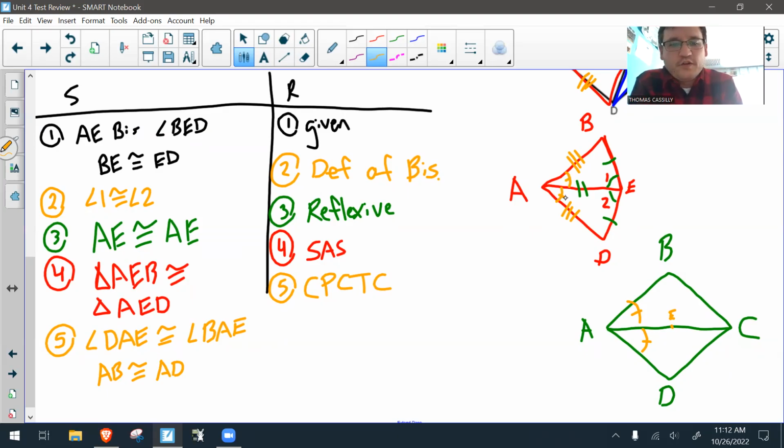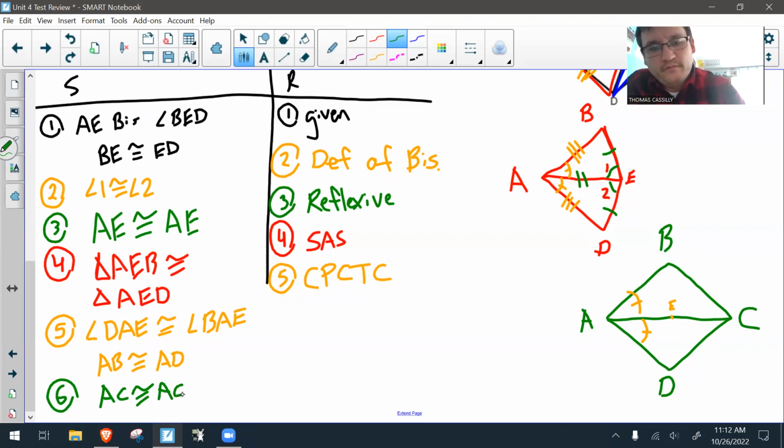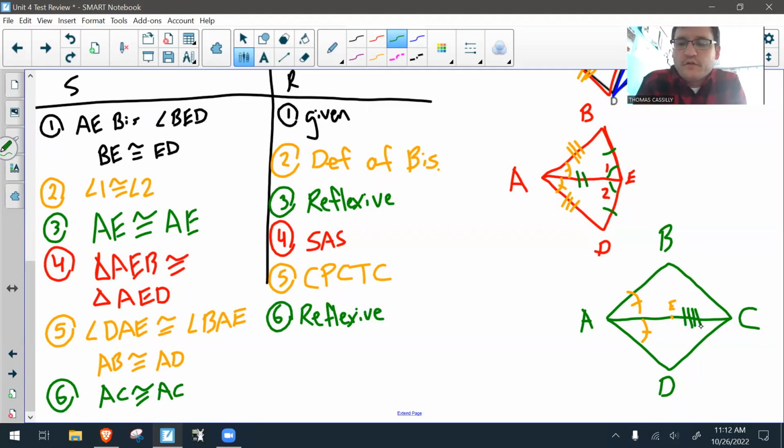So now if we look at the green triangle, let's grab that side that they share in the middle, right? So if we look at step 6, we can say side AC is congruent to itself. That is going to be reflexive. And so those are congruent.